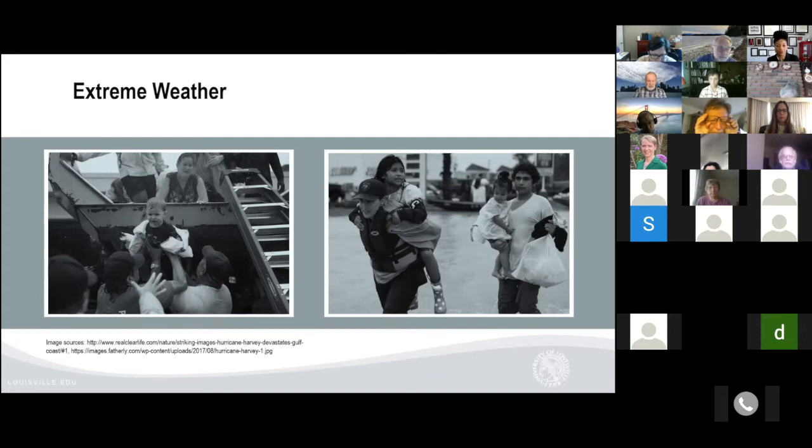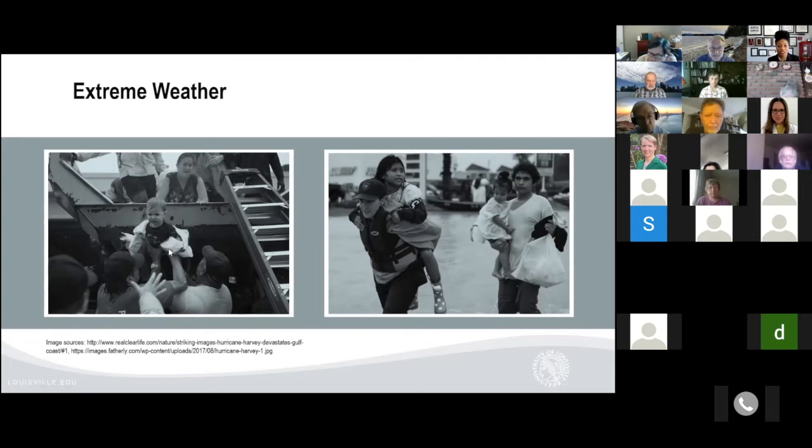2017 was a record-breaking year for hurricanes in the US prior to 2020, with Hurricanes Harvey, Irma, and Maria all making landfall in the US within a very narrow window of time. These photos here are from Hurricane Harvey, and I wanted to highlight to you some of Hurricane Harvey's youngest victims.